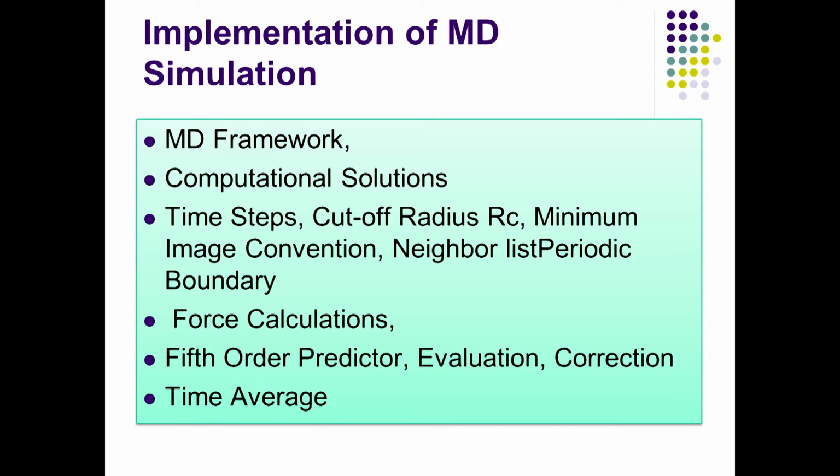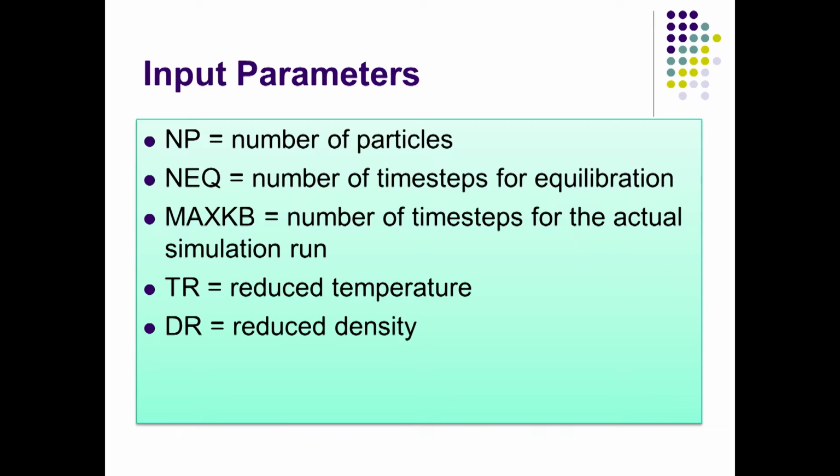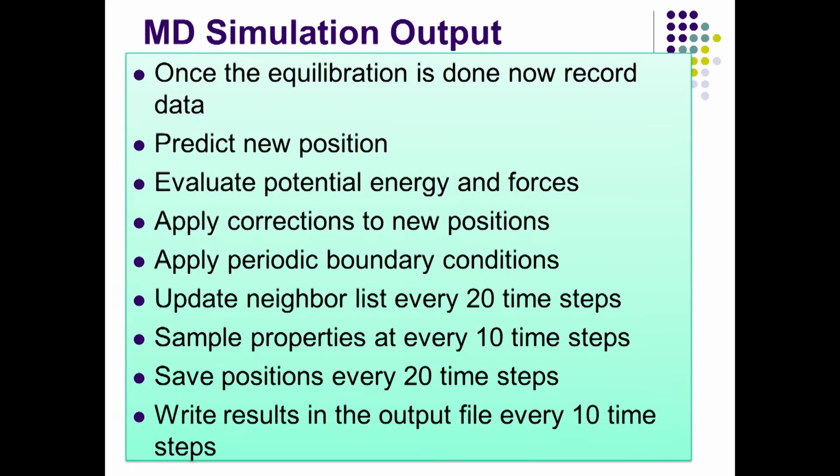We are also looking at the force calculation, where we also fixed the fifth order predictor corrector algorithm, which is what we are using here to create the situation of looking at the computer program that is generating certain trajectories.